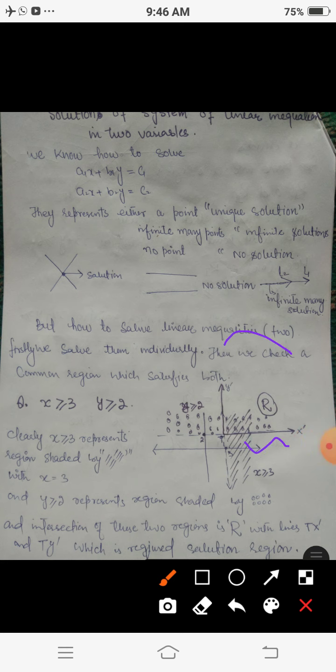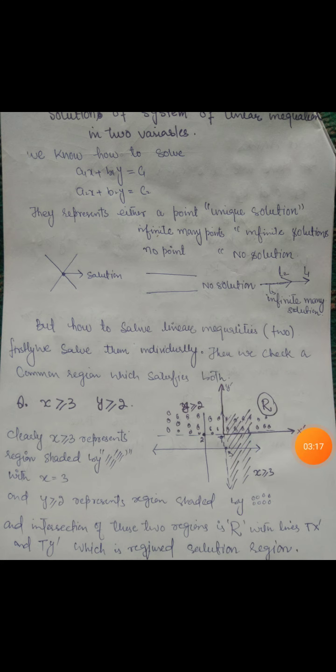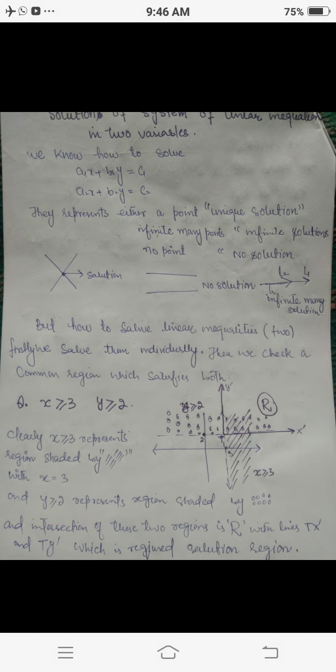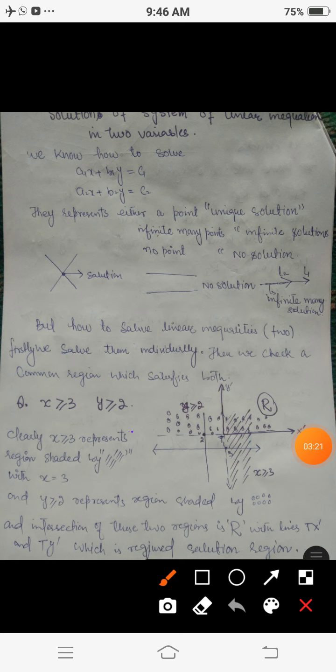So this whole portion is represented, along with the points on this line, by x greater or equal to 3. Similarly, for y greater or equal to 2 we draw y equals 2, that is this line, and y greater or equal to 2 means this portion.